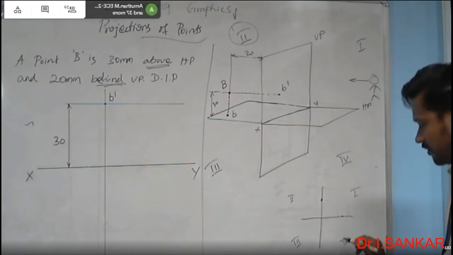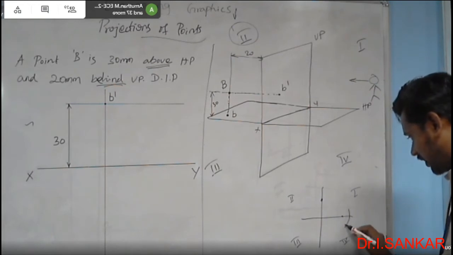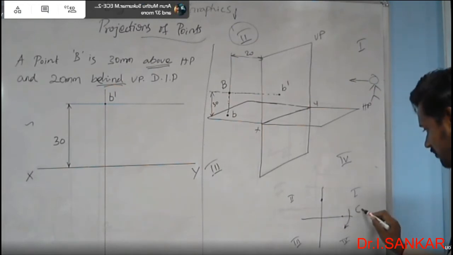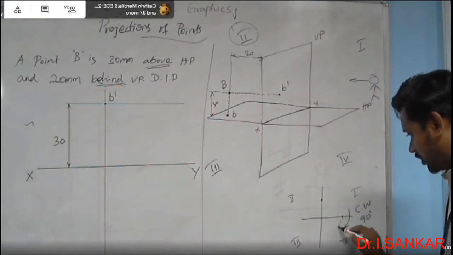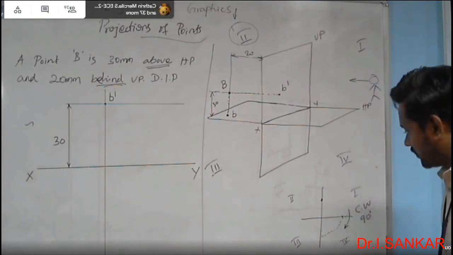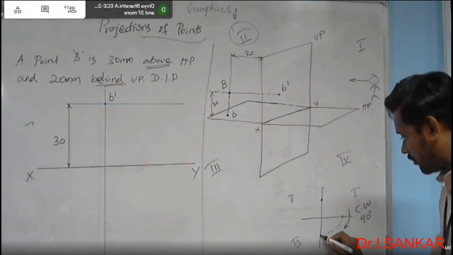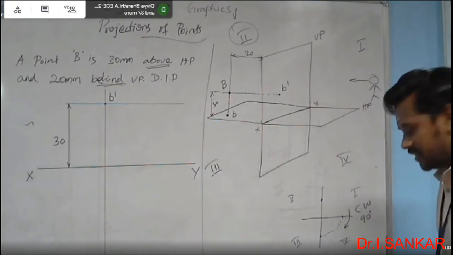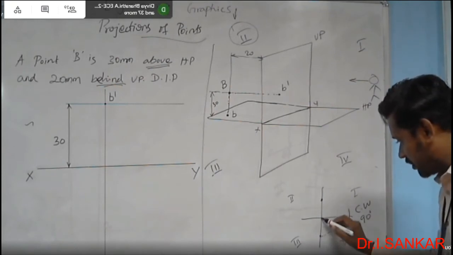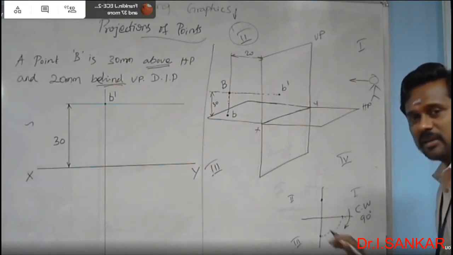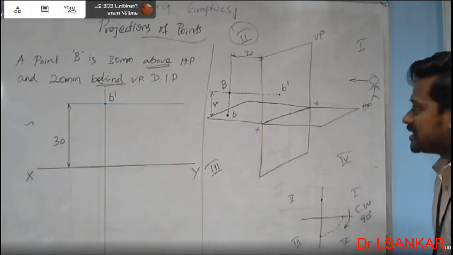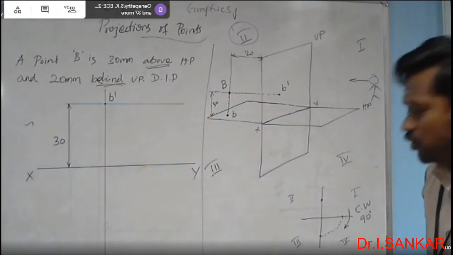So we rotated the horizontal plane in clockwise direction about 90 degree and brought the top view here. Then we can decide the point is located below XY, that much distance. The same way here also we are going to do.